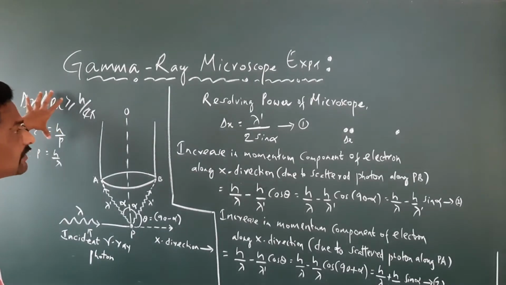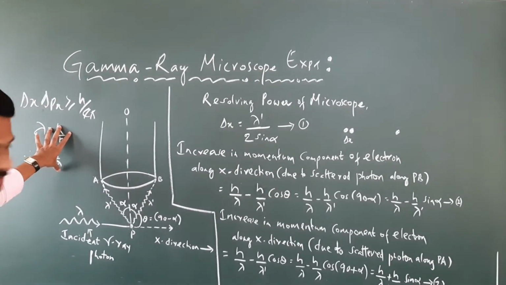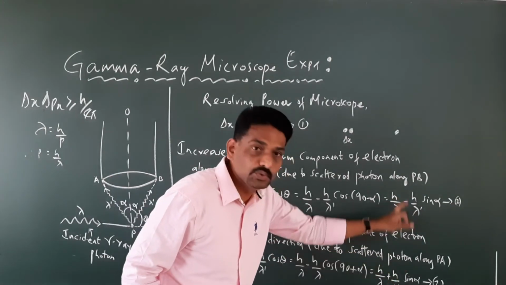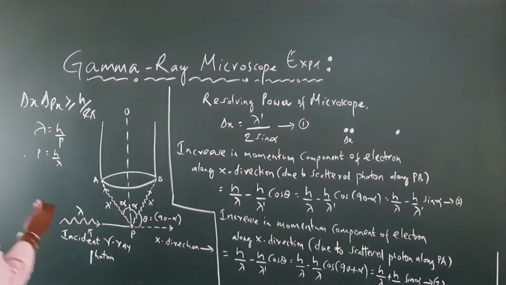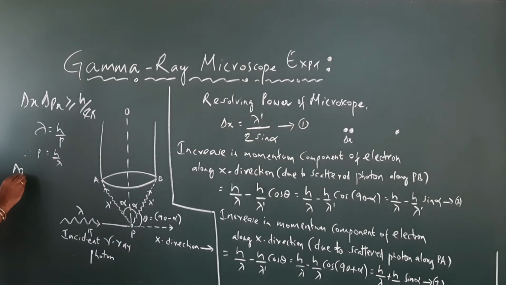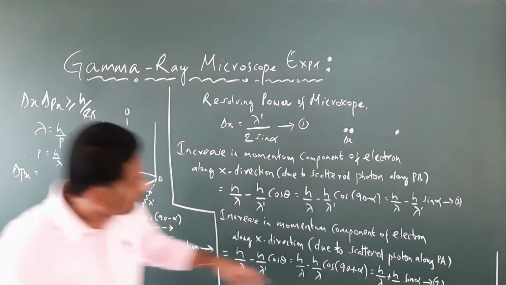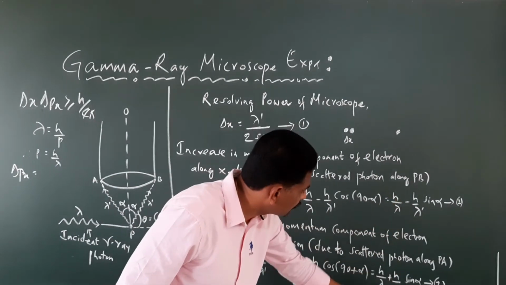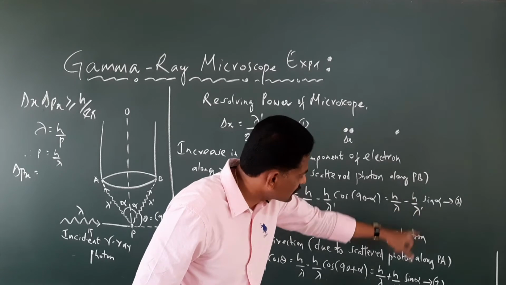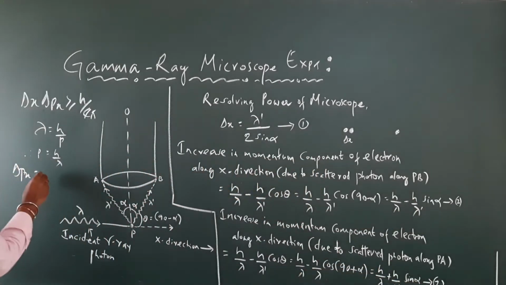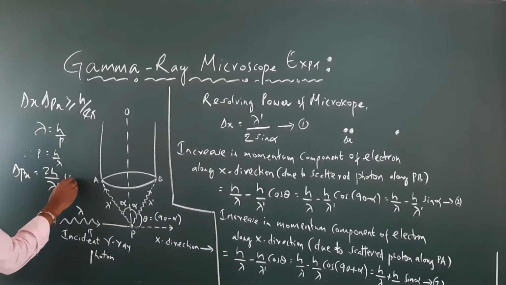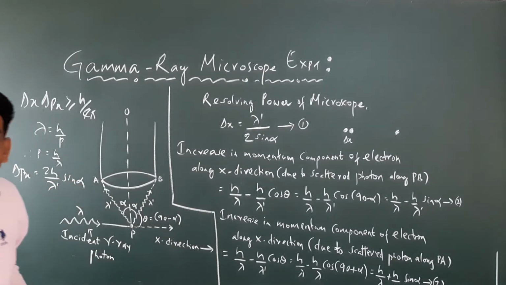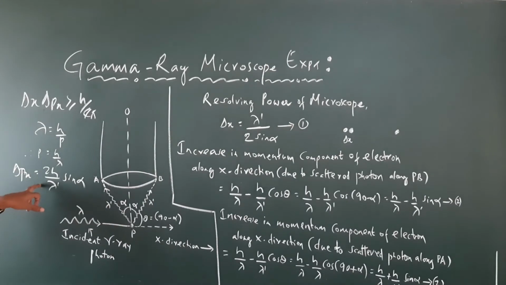If we take the difference between these two and simplify, we get delta px: differentiate this, and this is going to get cancelled. We get 2h by lambda dash into sin alpha. That is the value of delta px.